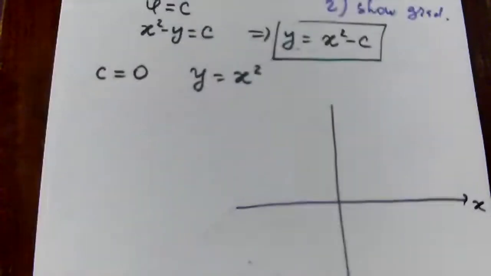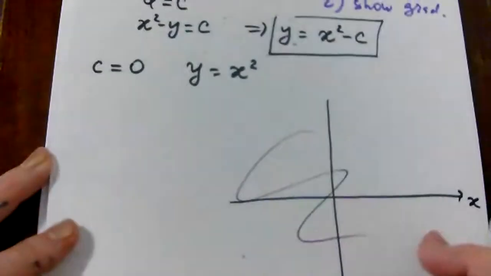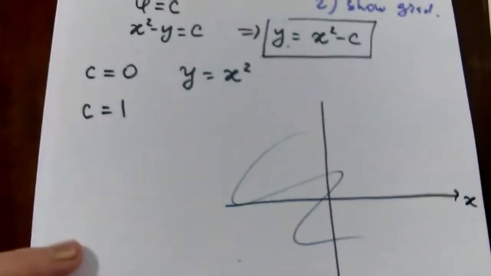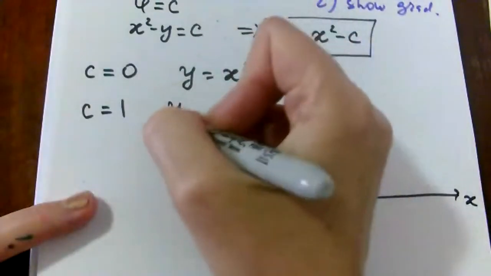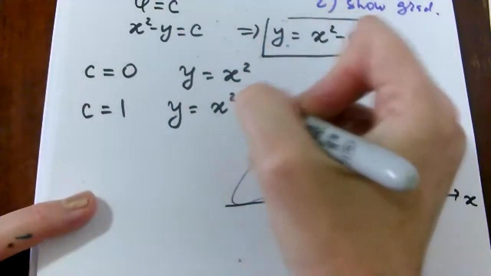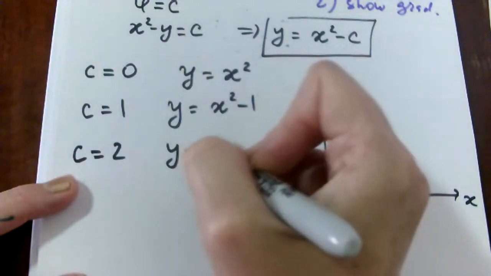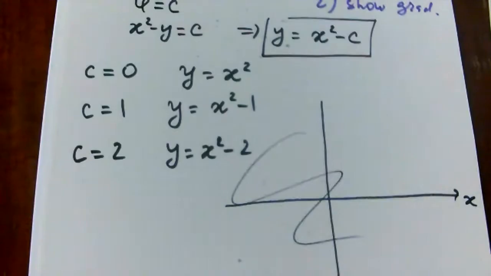You know what? I need a bigger picture. I'm going to prepare all these level curves, but then I'm going to make a bigger picture. So let's just prepare. When c is equal to 1, we have this parabola. When c is equal to 2, we have this parabola, and that's it, I think. 3 is enough.